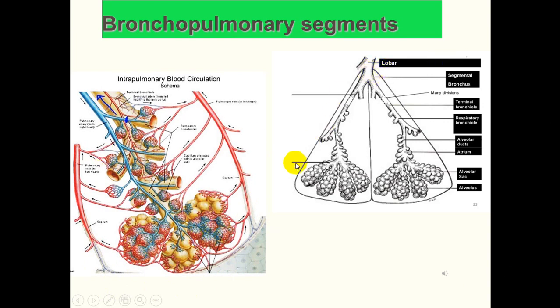So the base of the segment is towards the outer side of the lung, the superficial surface, where the connective tissue capsule is lying under cover of the visceral pleura, while the apex is directed deep in the tissue and lies at the level of the start of the tertiary bronchus.